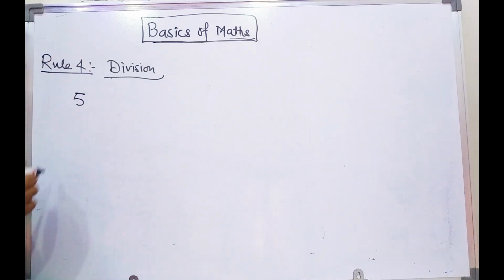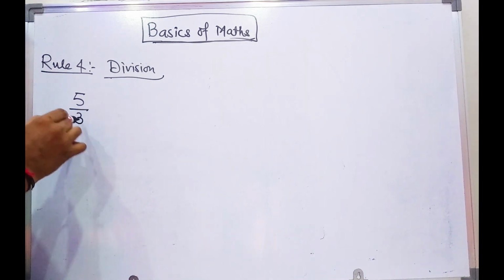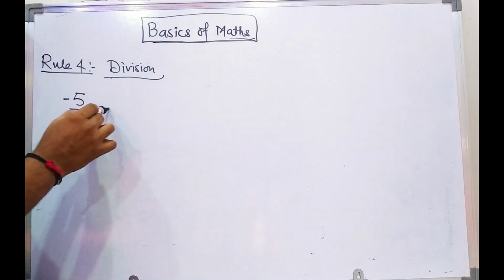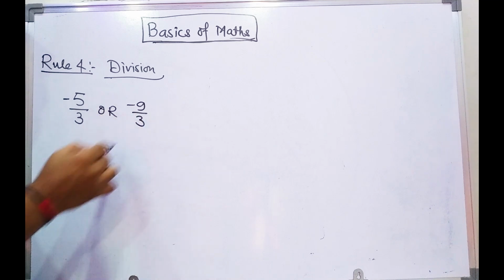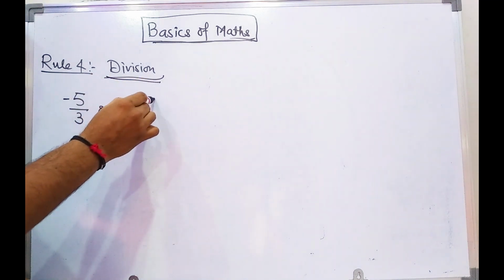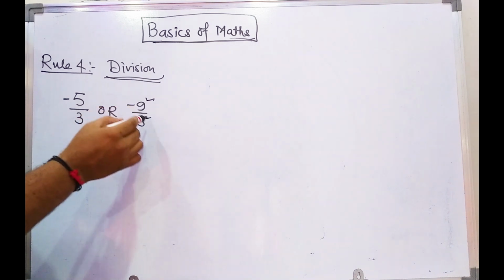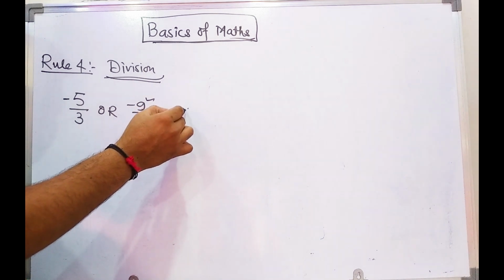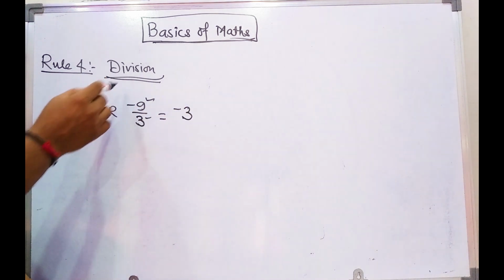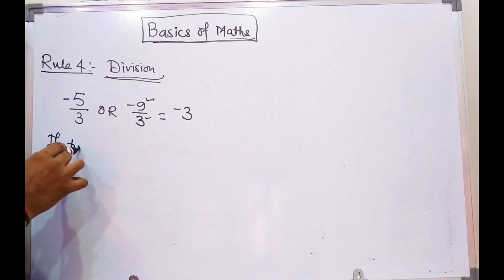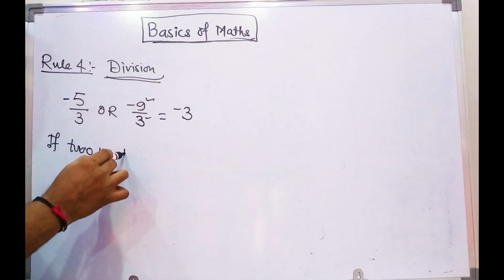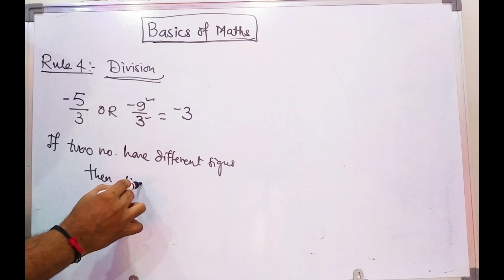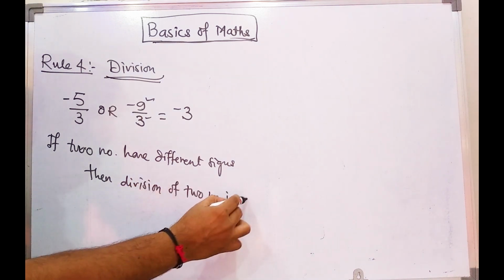Now the rule number 4, it is regarding the division. Many times in mathematics you come across division like this. Let us take -9/3. Now as far as division is concerned, there is a numerator and denominator. -9 is the numerator and 3 is the denominator. So -9 upon 3 means -3. So in division, if two numbers have different signs, then the division of two numbers is negative.